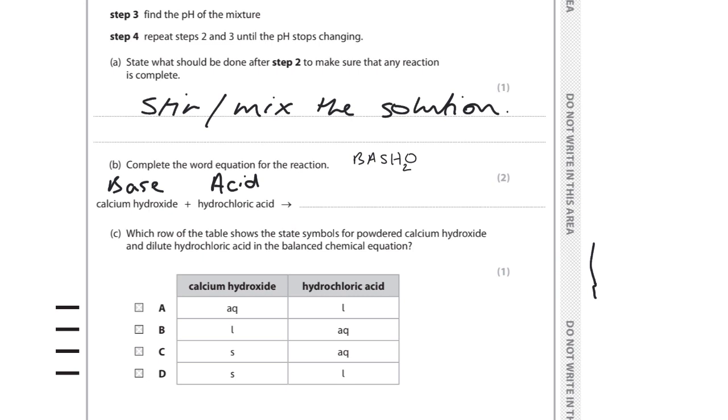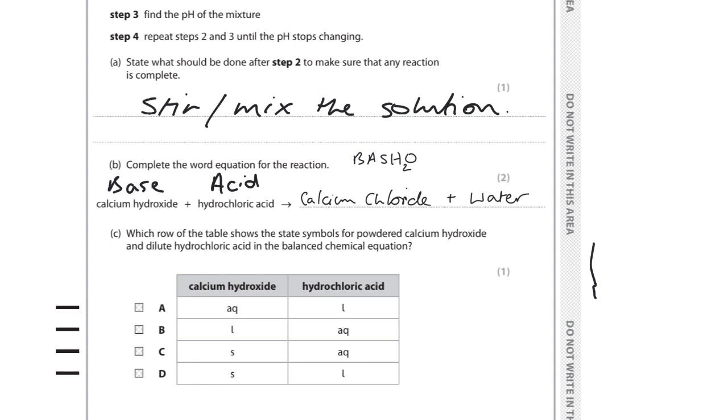So the salt, it's hydrochloric acid, so it's got to be a chloride salt, and the metal is calcium, so it makes calcium chloride. And you got 1 mark for calcium chloride, and the second mark was water.